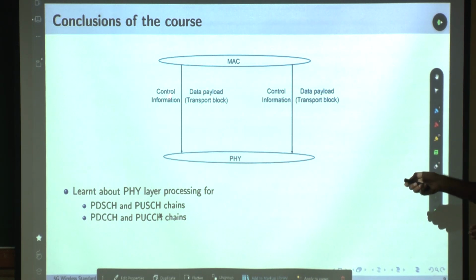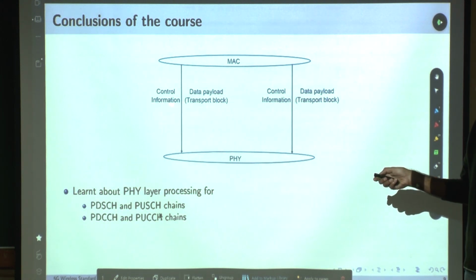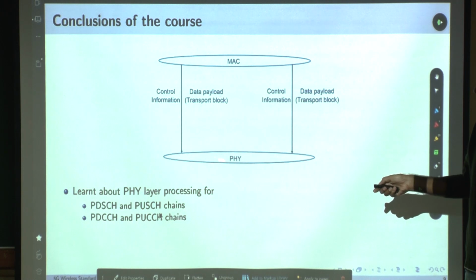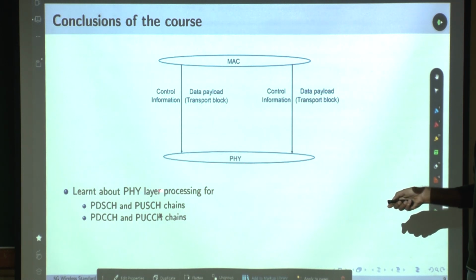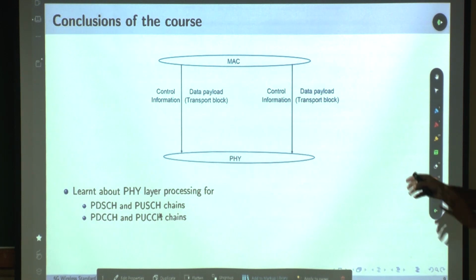What we know here is what comes to the physical layer: transport block and control information. We learned most of how this processing is done, about PDSCH and PUSCH chains, then PDCCH and PUCCH. We covered them to a good extent.